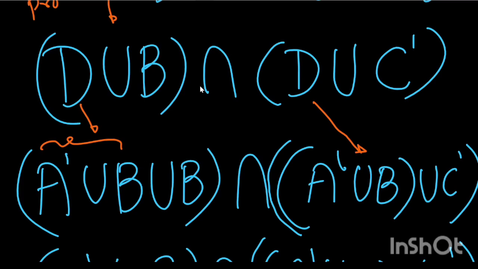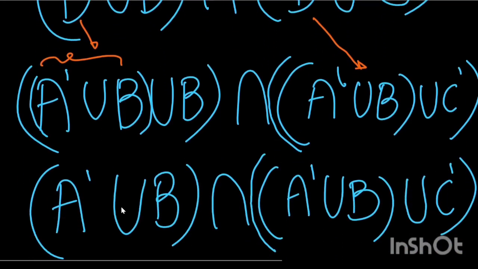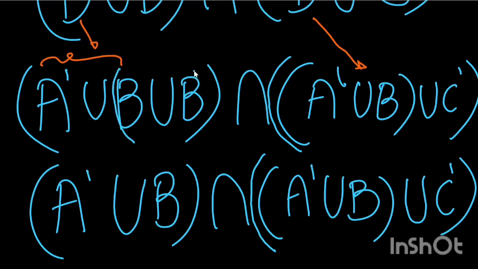Okay. I will resubstitute it here. I can place another bracket also, and even if I don't place it, it is same. So as you can see here, if I remove this bracket which I placed here and I associate using associative property, okay, instead of A dash union B, if I simply write B union B instead of A dash and B, B union B will give us B only.